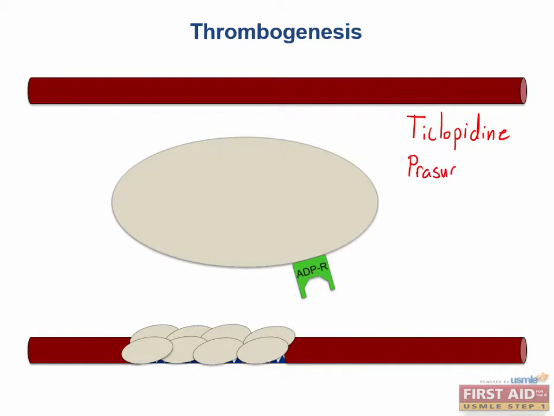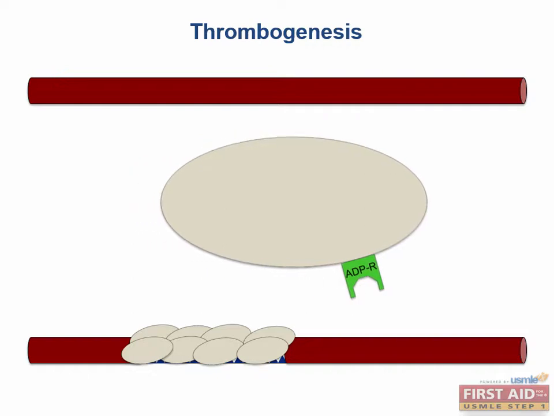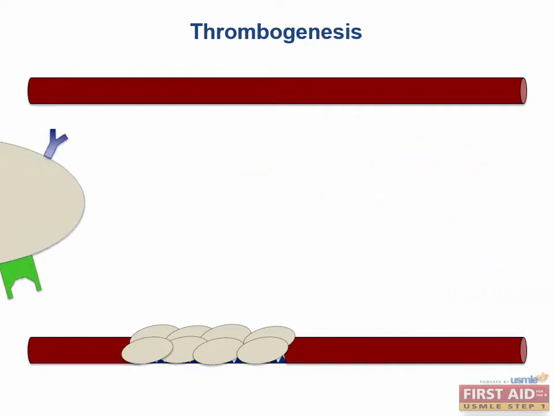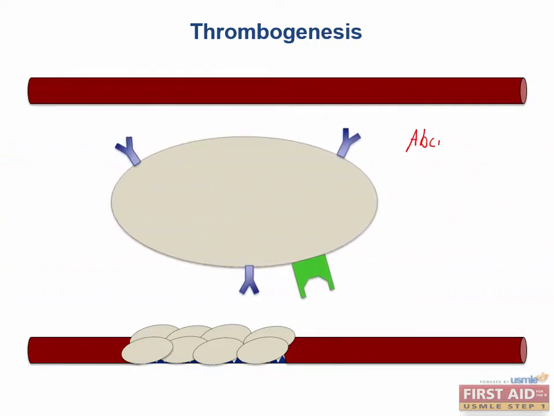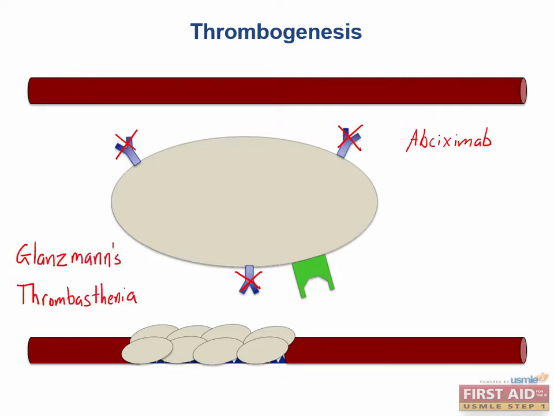Ticlopidine, prasugrel, and clopidogrel block the ADP receptor and thus block the subsequent GP2B3A expression. Abciximab is a monoclonal antibody that inhibits the GP2B3A receptor directly, while Glanzmann's thrombasthenia is a deficiency of the GP2B3A receptor itself.